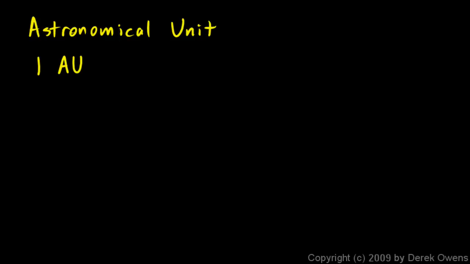It's about 93 million miles. So that gives us a way to compare how far the other planets are from the Sun by comparing them to the distance the Earth is from the Sun. So the Earth, by definition, is 1 astronomical unit from the Sun. The orbit of Mercury is 0.4 astronomical units from the Sun.